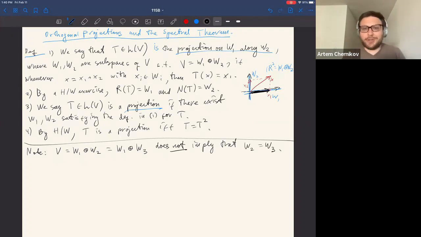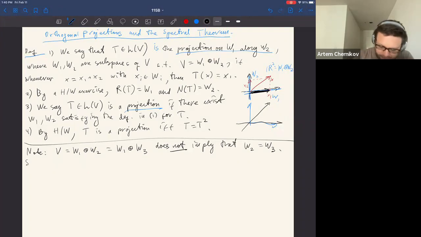Okay, so it's possible to write the same space as the direct sum of subspaces in many different ways. Like here, we have taken the X and the Y axis, right? But you can also take any other pair of subspaces. Like I can take, for example, this line and this line. These are two subspaces, and the whole space is still the direct sum of the two. Okay, so this doesn't imply this equality.